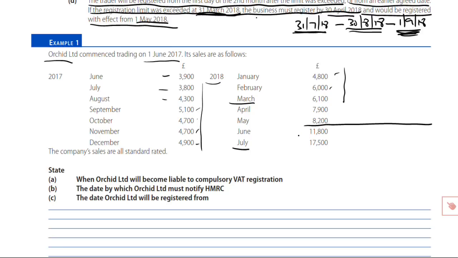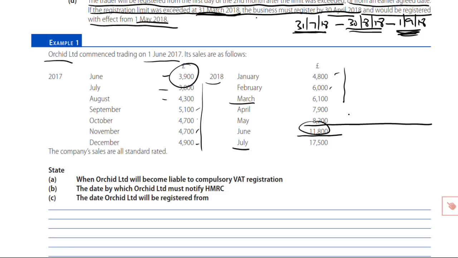So when you move on to June of 2018, you'll then have to exclude June of 17. Because if you didn't, that would be a 13-month prior period. We don't do that. We work on a 12-month cycle. So you'd be taking out the June 17 figure of, is it 3,800? Yeah, 3,900, I beg your pardon, lurking under there, and adding in 11,800.